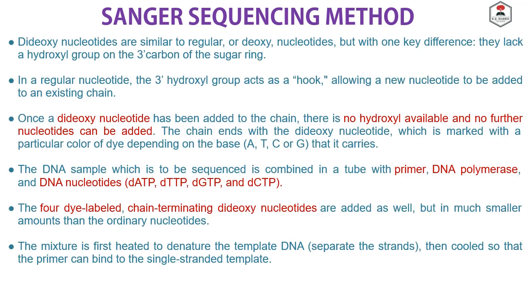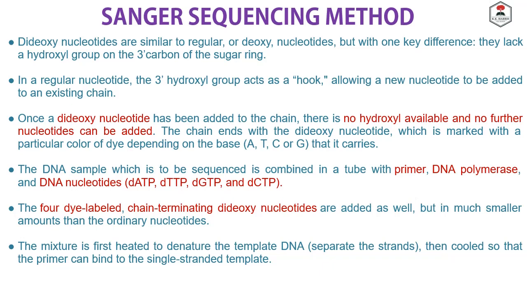Sanger sequencing method. Dideoxynucleotides are similar to regular, or deoxy, nucleotides, but with one key difference: they lack a hydroxyl group on the 3' carbon of the sugar ring. In a regular nucleotide, the 3' hydroxyl group acts as a hook, allowing a new nucleotide to be added to an existing chain.